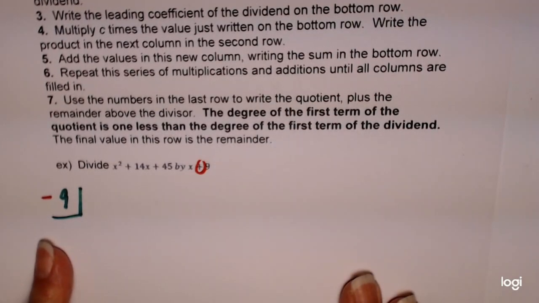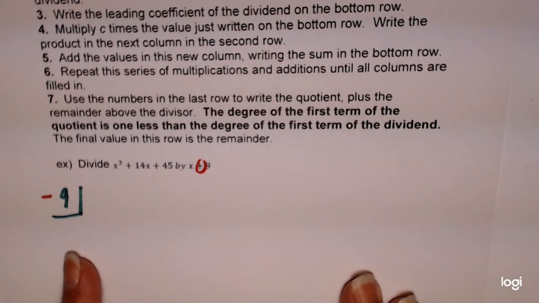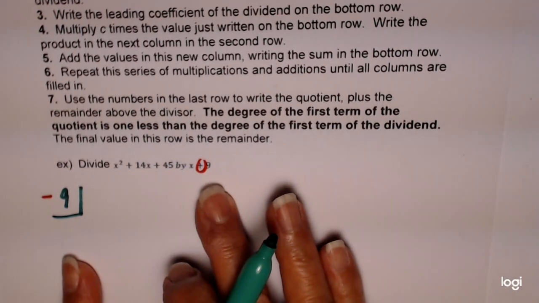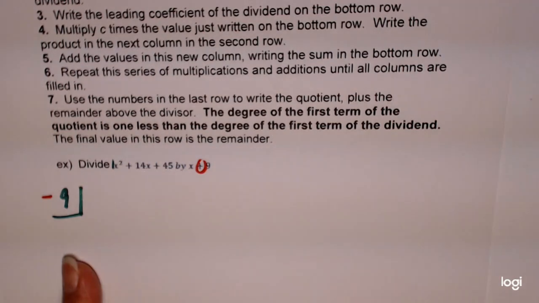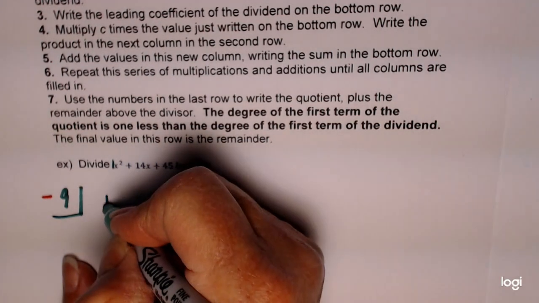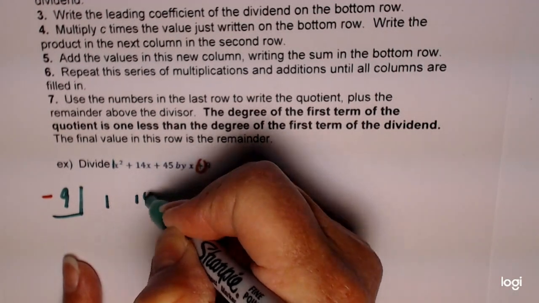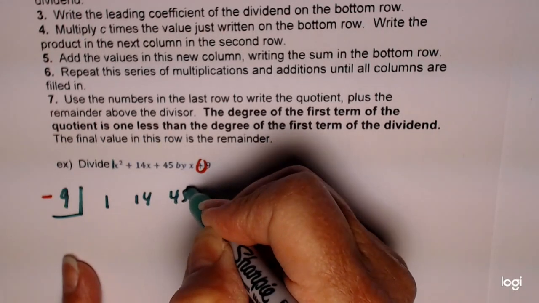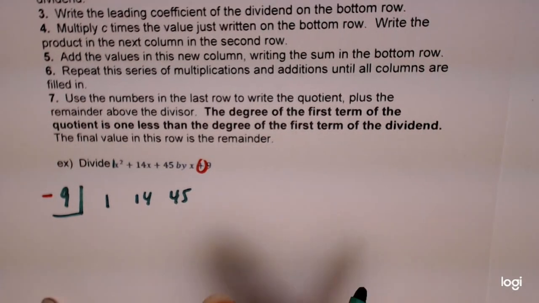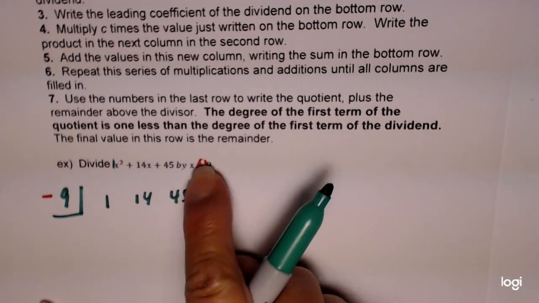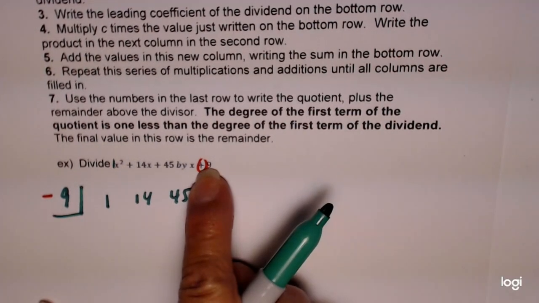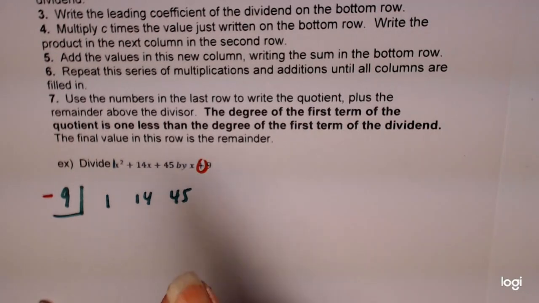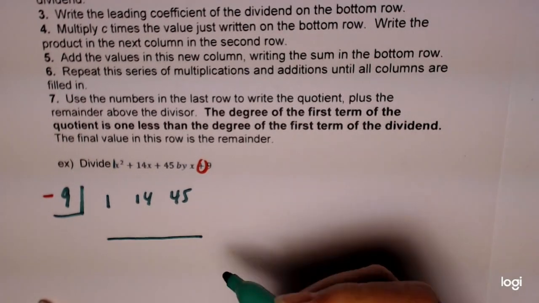I'm going to write it like that. Now, we don't write all this information down. We just write the coefficients. So there's that invisible 1 for the x squared. So it's 1, 14, 45. We take the sign there and flip it, and we write down all the coefficients from our terms. And now we write a line.